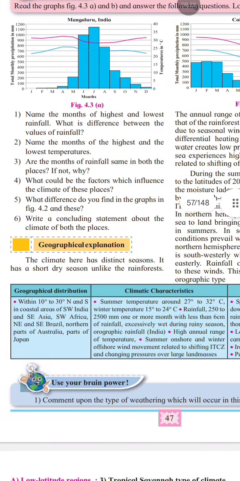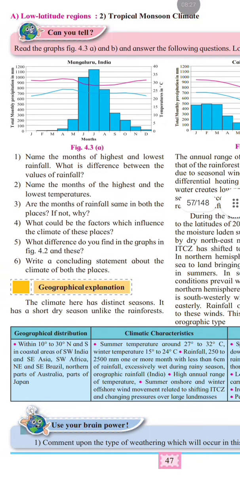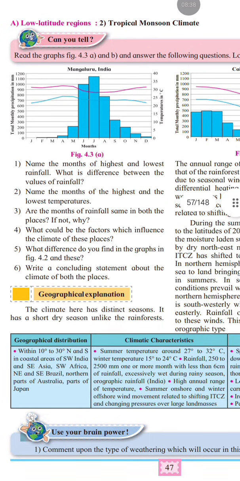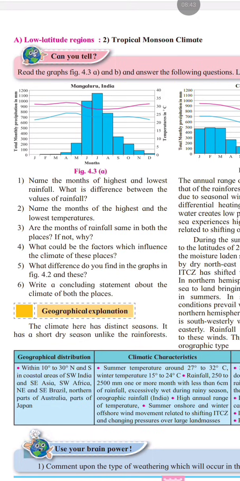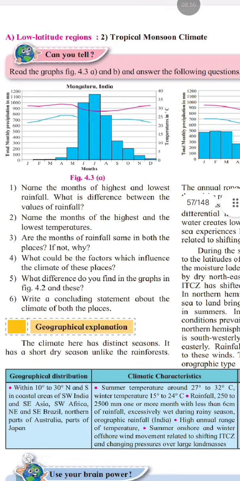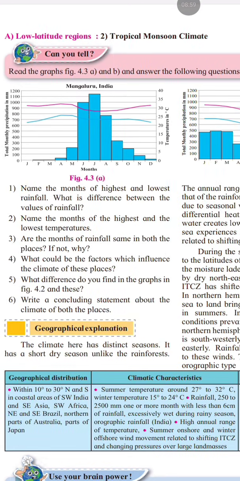Second question is: name the months of highest and the lowest temperatures. Now observe the graph of Mangaluru, India. So first thing, see highest and lowest temperature in Mangaluru, India: it is around 32.44 degrees Celsius, and in January 21.6 degrees Celsius.